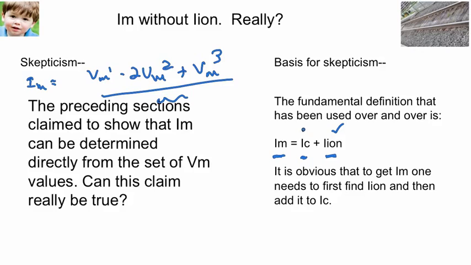We should add it to the capacitive current, and then we will have the membrane current. It's as obvious as 1, 2, 3. And at the same time, it's equally obvious that you must find the membrane current by first finding the ionic current, because only by first finding the ionic current can you do this addition.